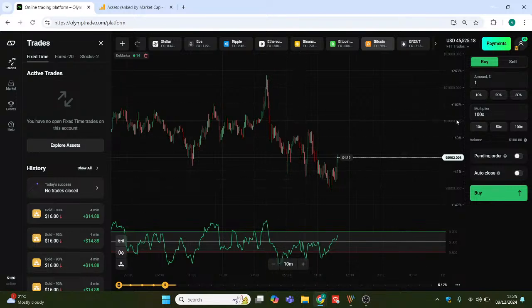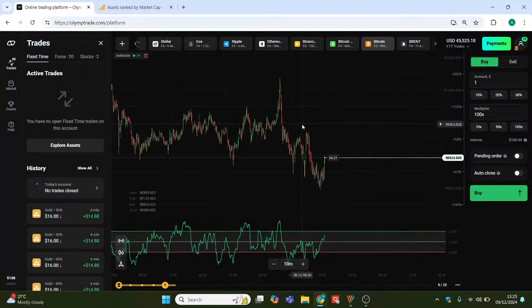So multiplied by 100, you can lose basically all your position within 1 or 2 hours. But on the other hand, I don't want to say lucky, but in case your analysis is correct, of course, you can win big with the multiplier of 100.